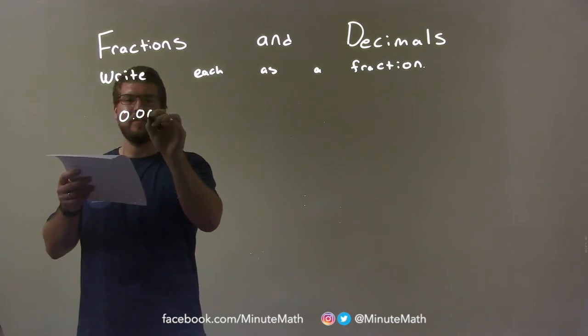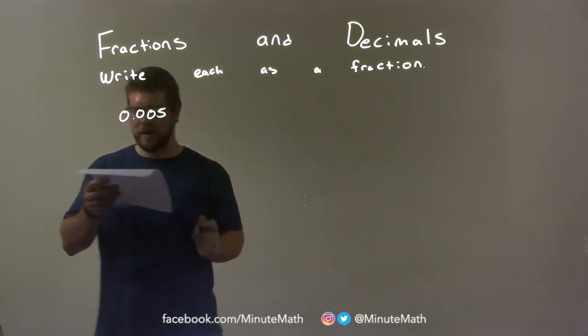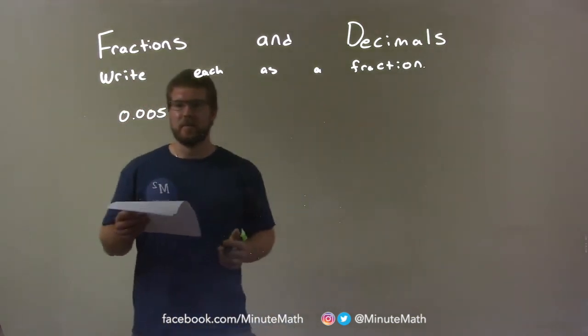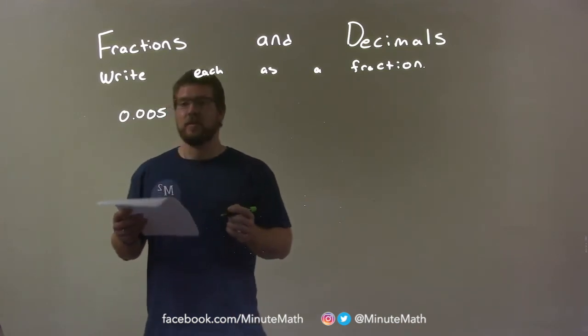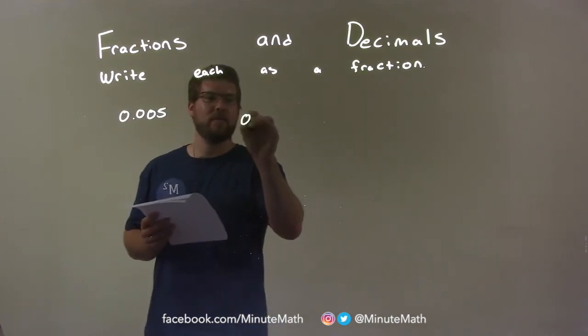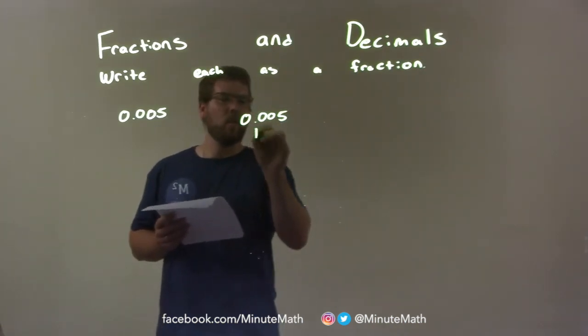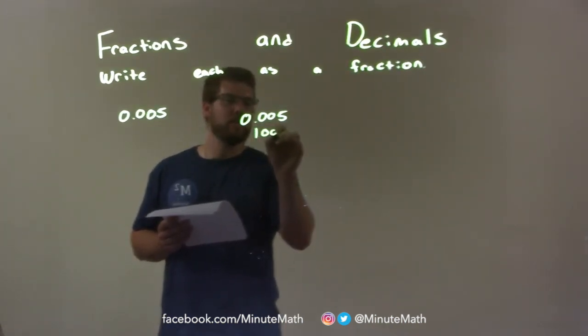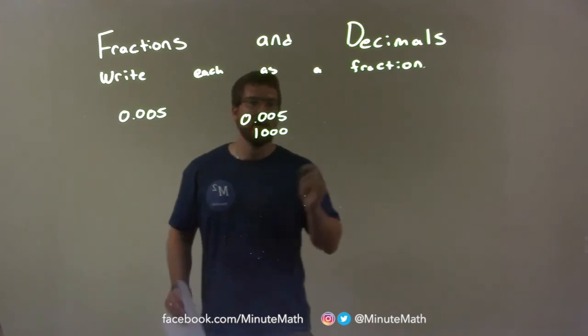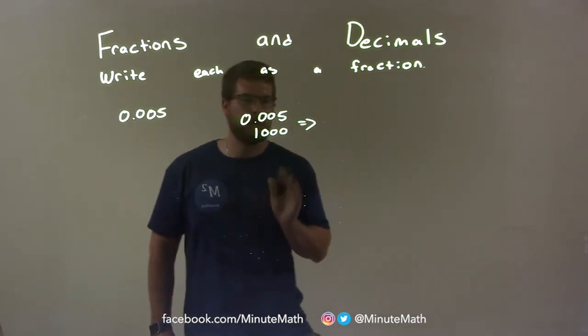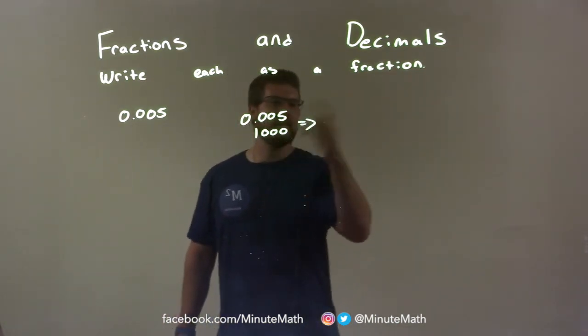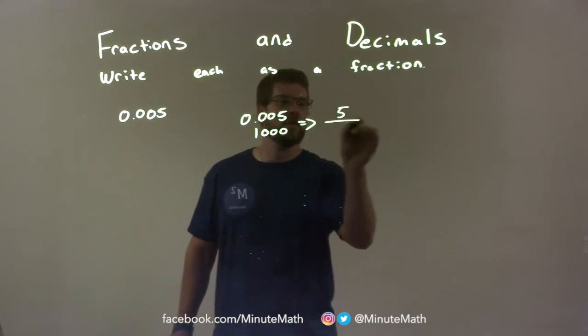0.005. This one's pretty easy. The way I like to write this, I'm going to write it again, 0.005. I'm going to put a 1 underneath the decimals and put 0, 0, 0 till we get to the 5. That lets me know that I can write this as a fraction of 5 over 1,000.